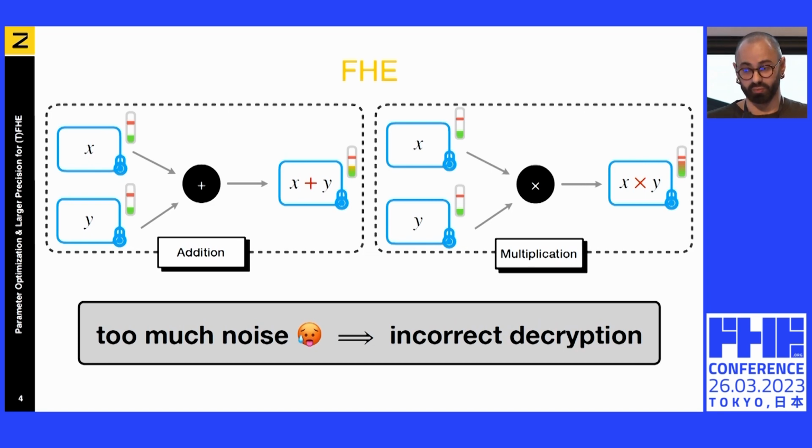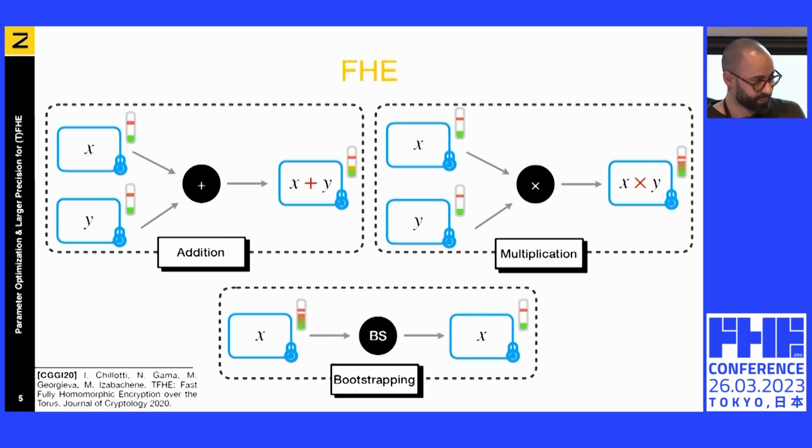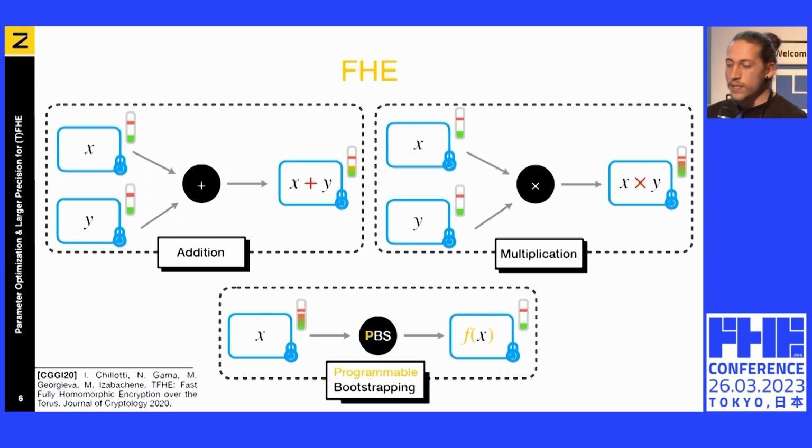When it's too big, you lose the correctness. Luckily, there exists an algorithm that takes as input a ciphertext with a lot of noise and outputs a ciphertext with a lot less noise. And with TFHE, what's really nice is that for free, you can also compute a lookup table, a function on your message, for free.